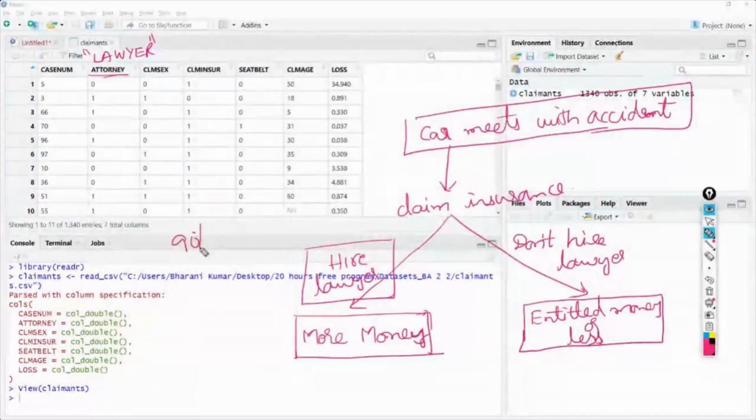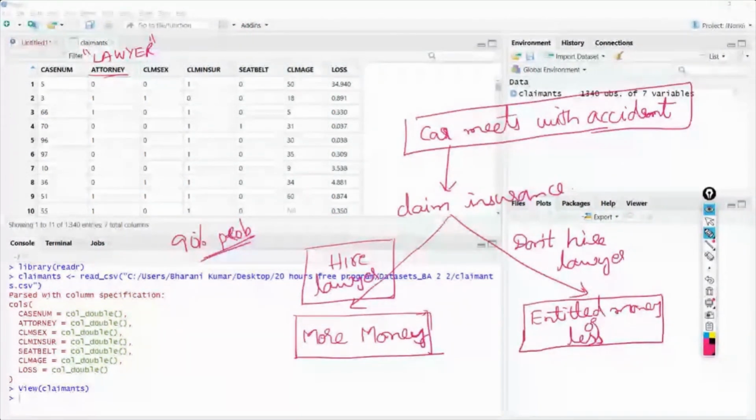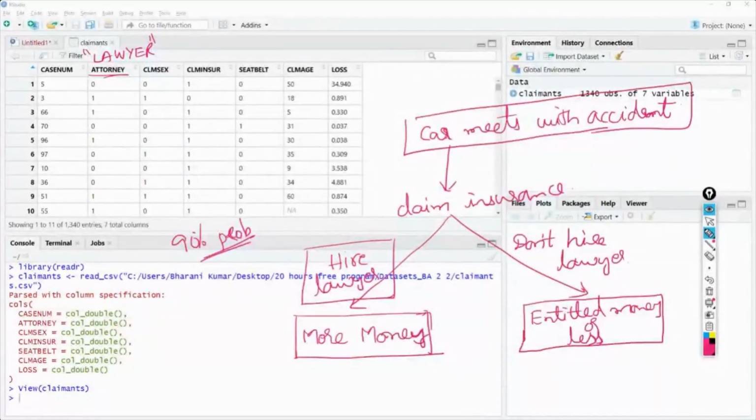If my prediction says that there is a 90% probability that a person might hire an attorney, then what will the insurance company do? The moment they meet with an accident, they quickly go and try to give them slightly more money and settle the case, because otherwise they might hire an attorney. If they hire an attorney or lawyer, then the insurance company has to pay more.